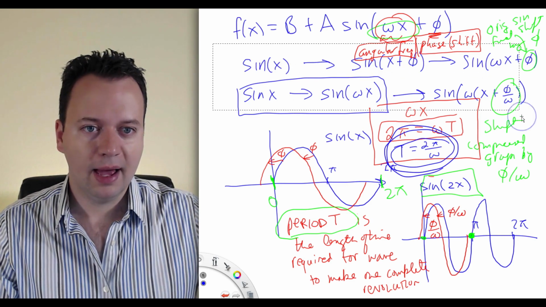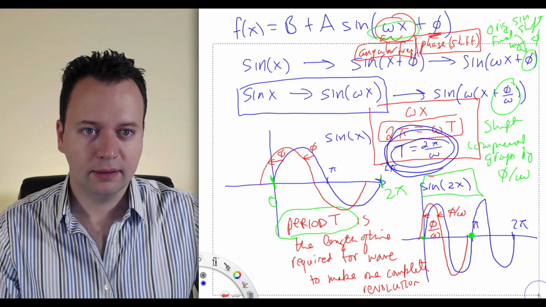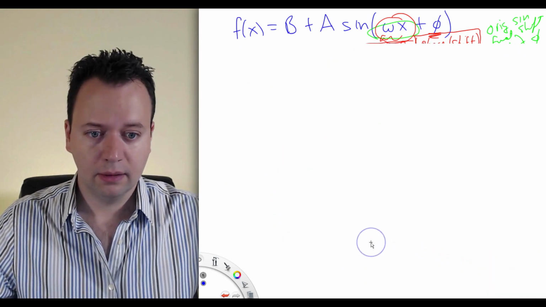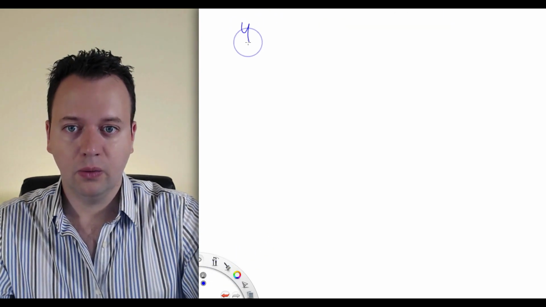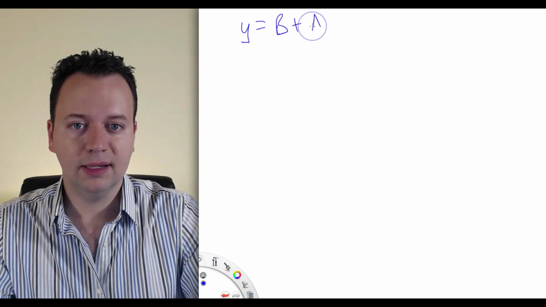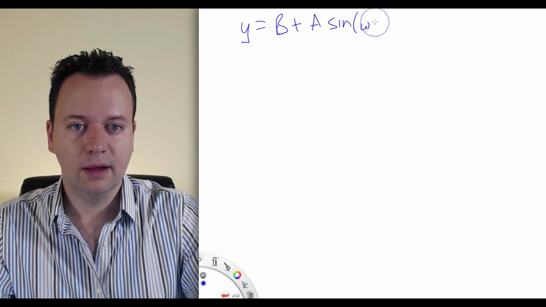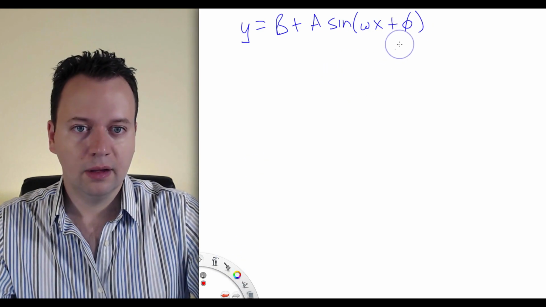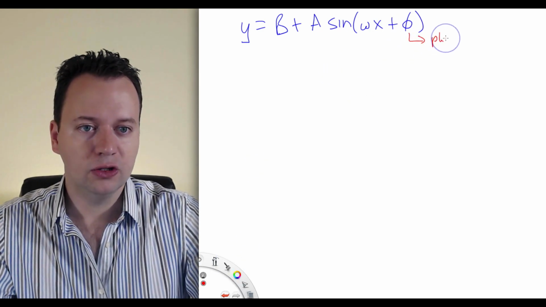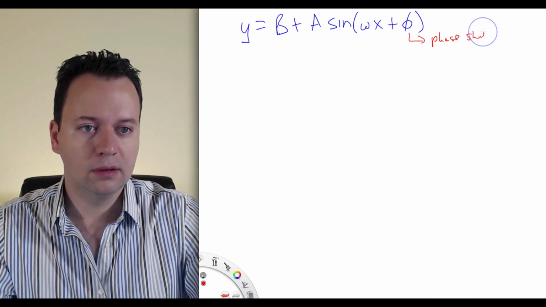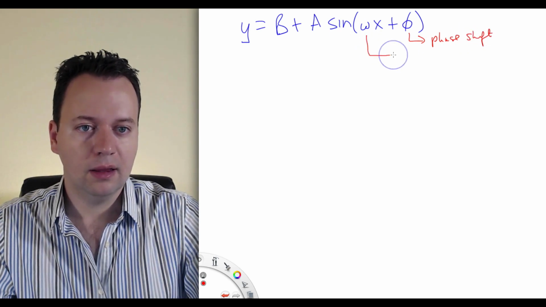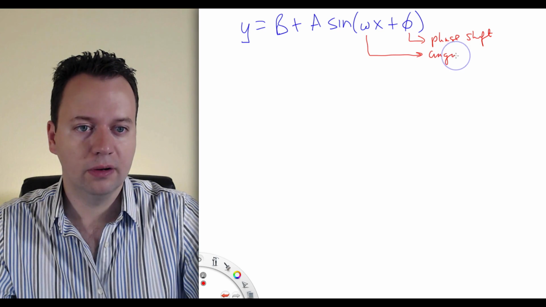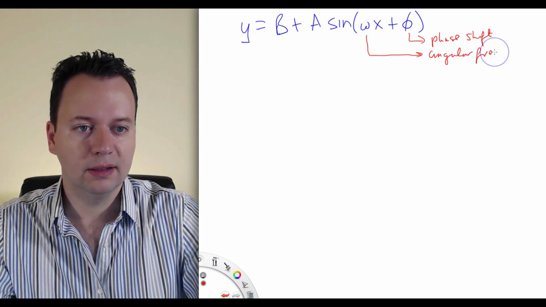Now let's look at what's happening. Actually, let's just start all the way from the beginning. So y is equal to b plus a sine of omega x plus phi. We already saw that phi was the phase shift, and omega is the angular frequency.